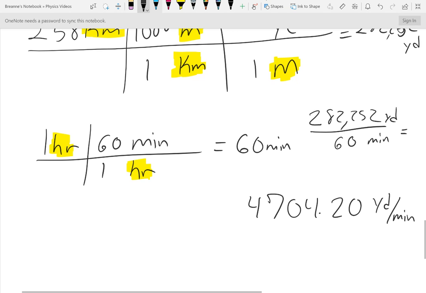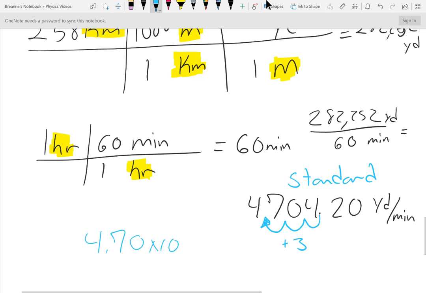Now, that's in standard form. We want scientific notation, so we move the decimal 1, 2, 3 times. We're going from a bigger number to a smaller number, so it's positive. So our answer becomes 4.70 times 10 to the 3 yards per minute.